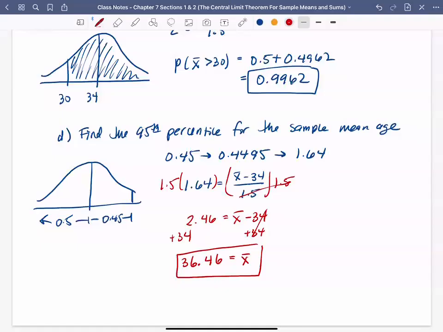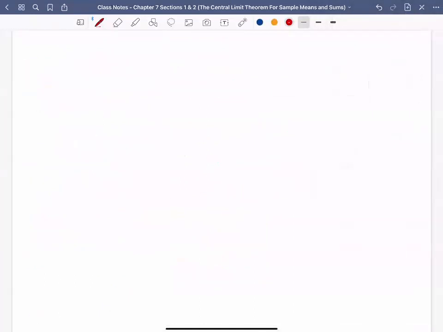Okay, so let's move to our next section here. The next section is 7.2, and it's the central limit theorem. So this time it's for sums.